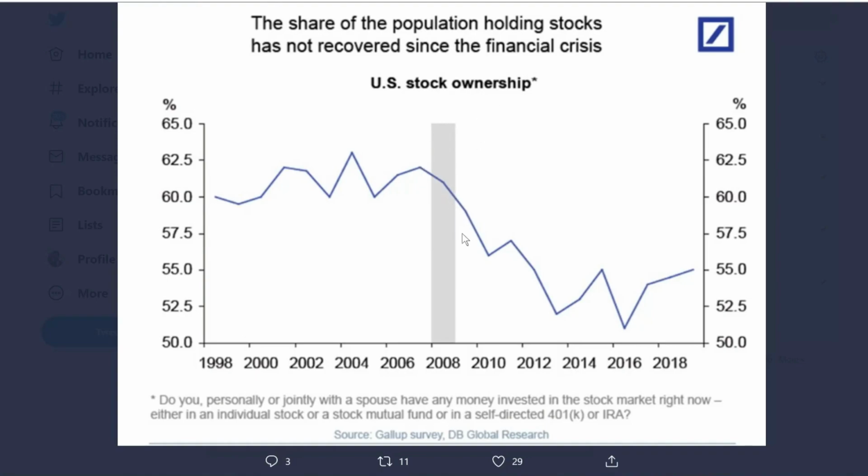So if a material portion of the population gave up on stocks after 2008, call it the scars of the crisis, it took a couple of years for them to fully get out. So maybe there was an element of them waiting until they earned their money back.